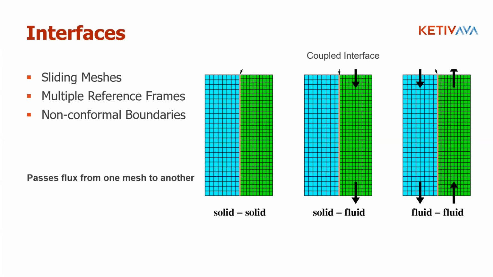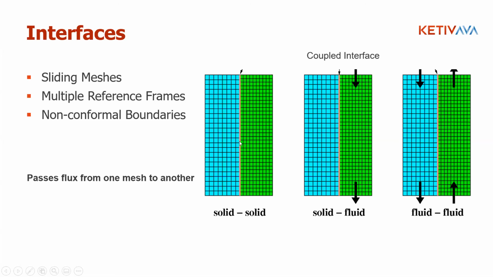Oftentimes, we'll use different types of cells, or perhaps will mesh different domains separately. Now, when these domains are combined together, it's not necessary that the node points at the boundary are coincident. For example, if you look at the image on the screen, the blue mesh and the green mesh at the intersection are not exactly coincident.